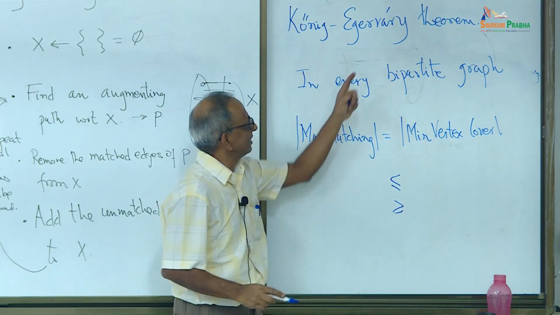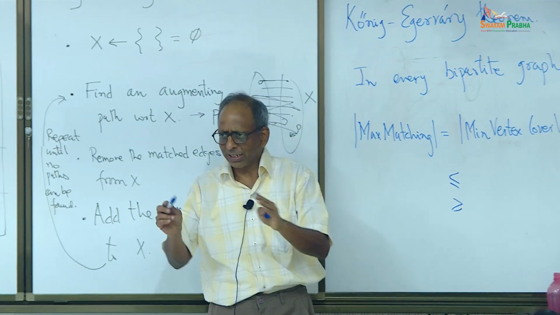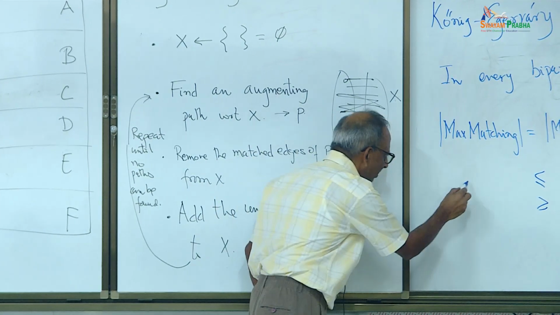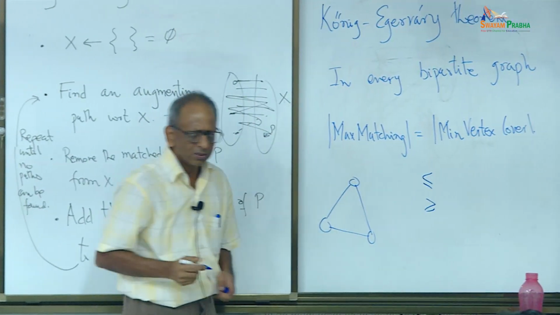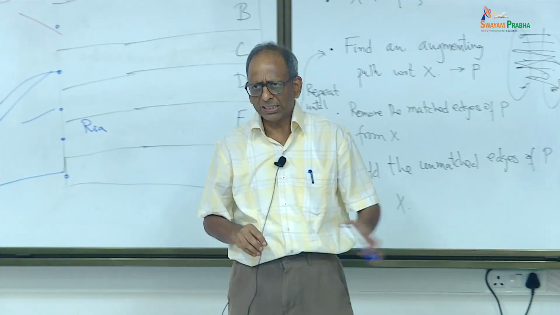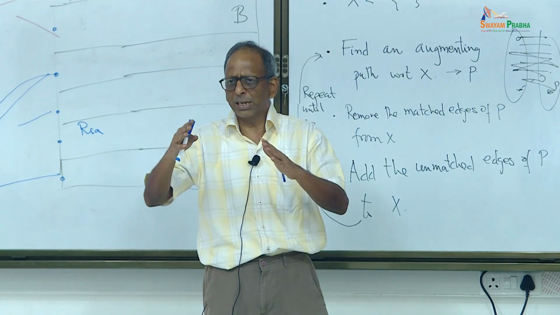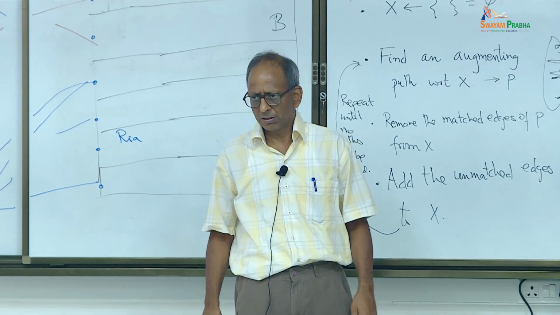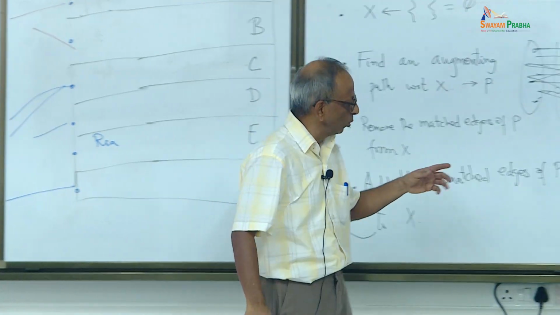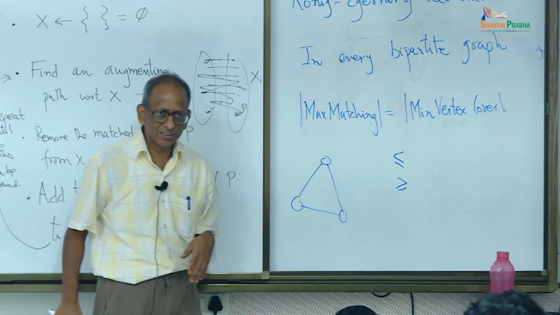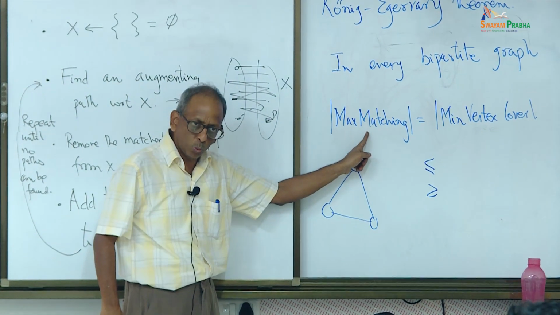Now, I said bipartite graph. What about a non-bipartite graph? If the graph is not bipartite, what is the size of the maximum matching in this graph? What is the maximum number of edges that you can pick without conflict? Can you pick 2 edges in this graph without conflict? 1. Yeah, so the maximum matching is 1.